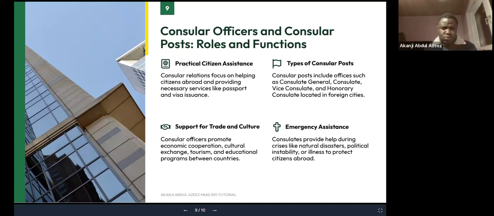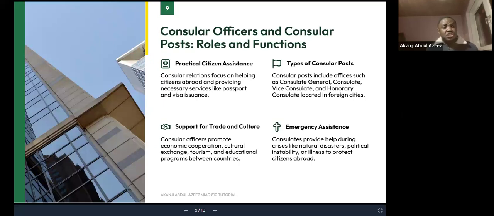What we mean is that the consulate encourages economic cooperation by supporting business, partnership and investment opportunities. There are always trade fairs, whereby they invite Nigerians abroad, encouraging them to partner with Nigeria back home and invest in Nigeria.